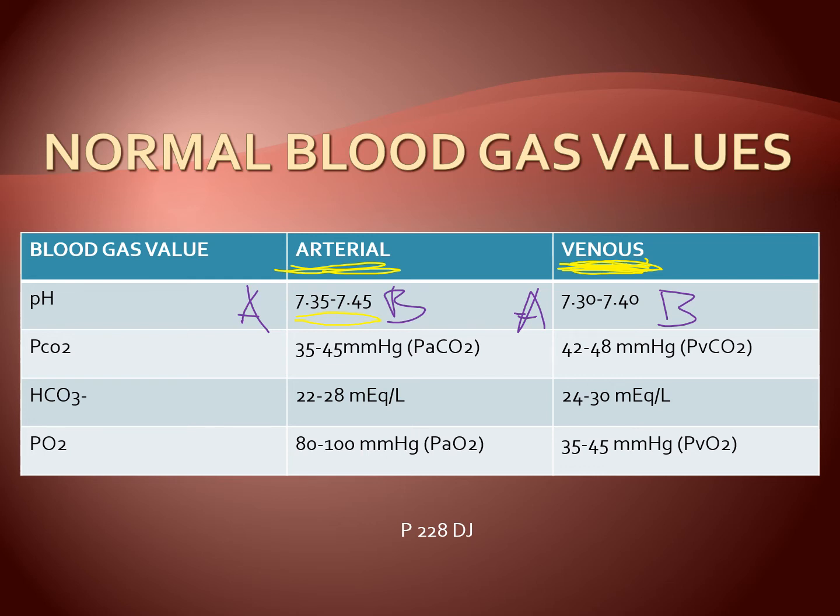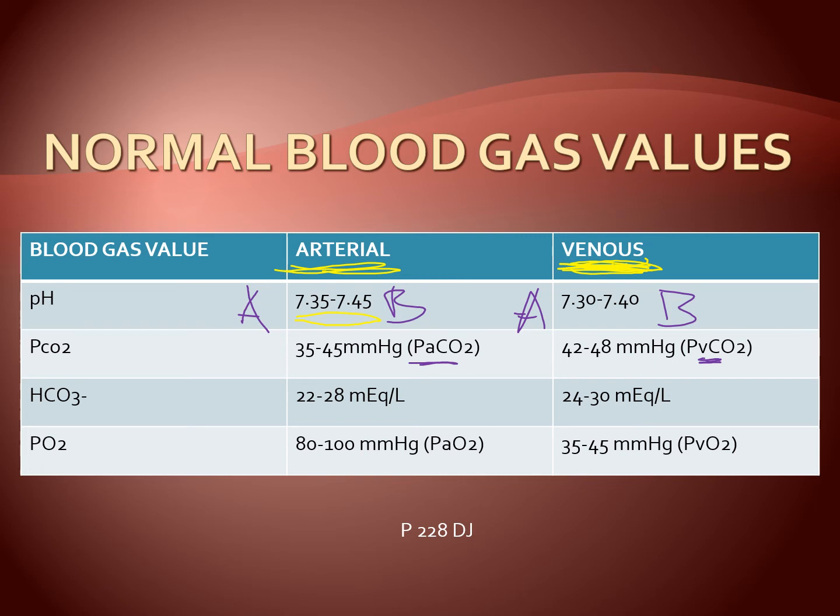All right, CO2 levels. The pressure of CO2 in the artery, 35 to 45 millimeters of mercury. That's PaCO2, and this is PvCO2 on the right. So PaCO2 is 35 to 45 millimeters of mercury.